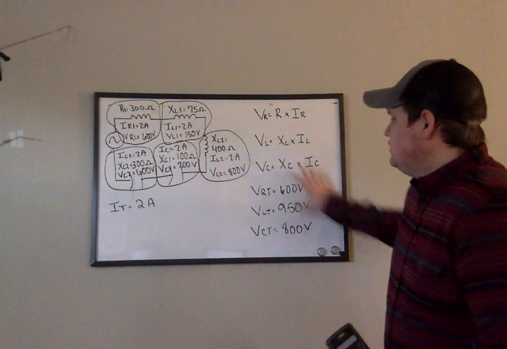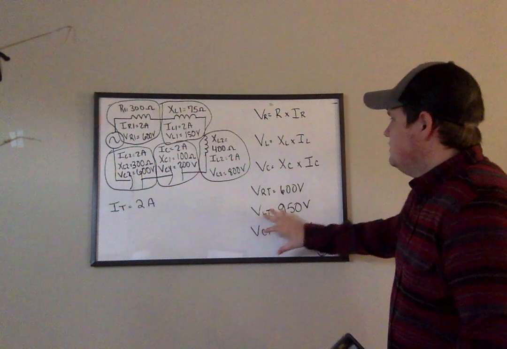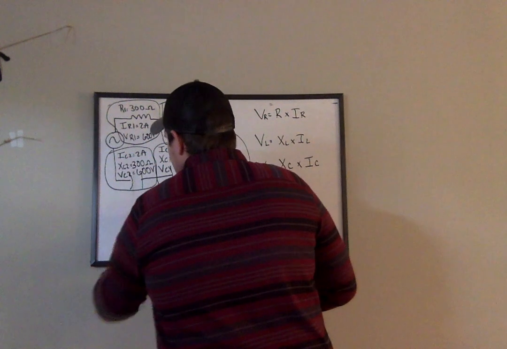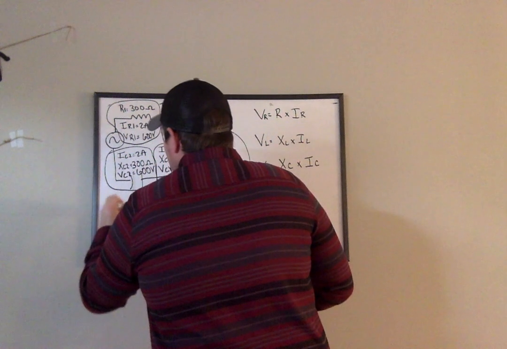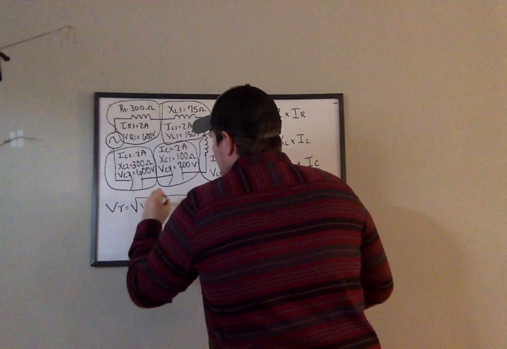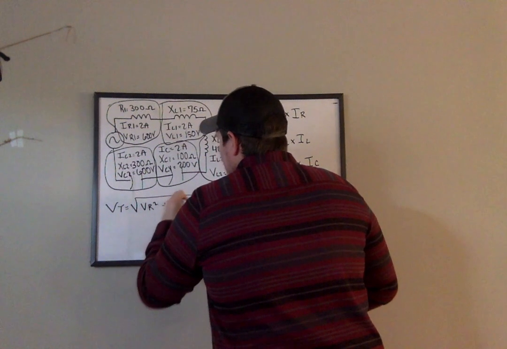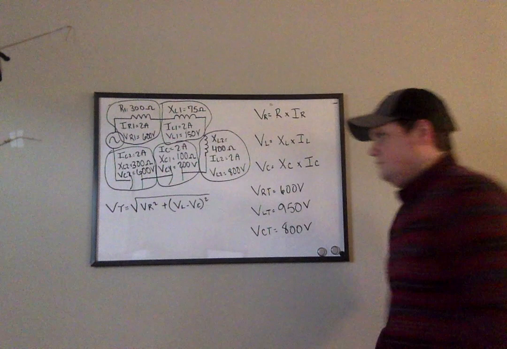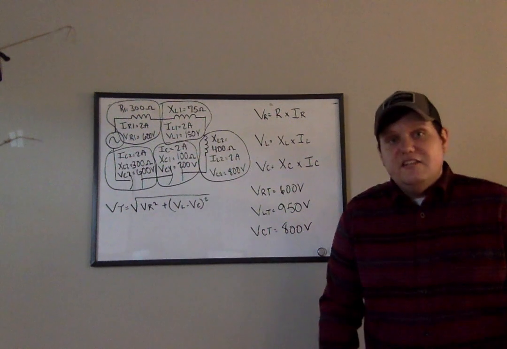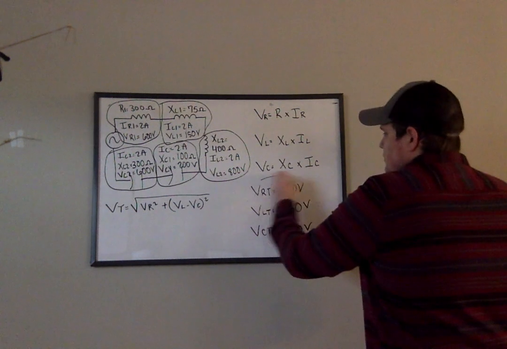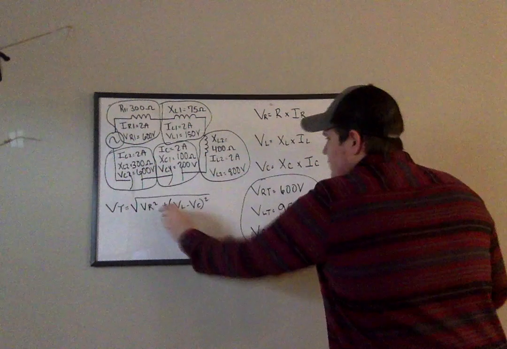Remember, on the previous video, the total voltage formula is going to look a lot like the impedance. V total is equal to the square root of VR squared plus parentheses VL minus VC squared. That's going to give me the total voltage. So now all I have to do is plug these values into the formula.